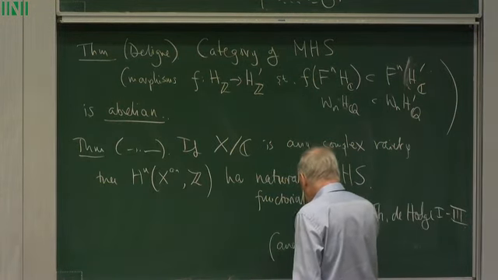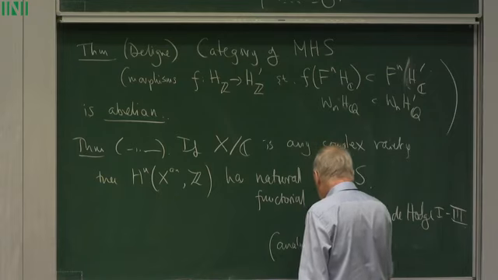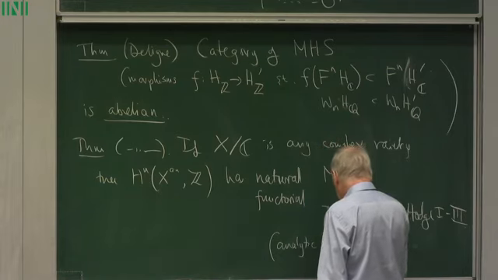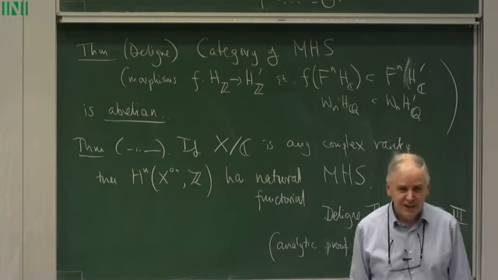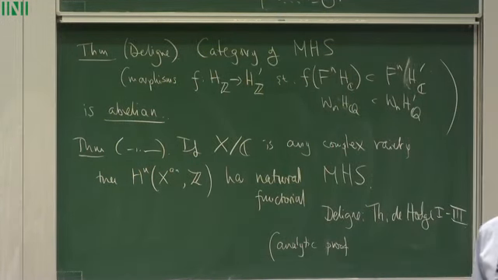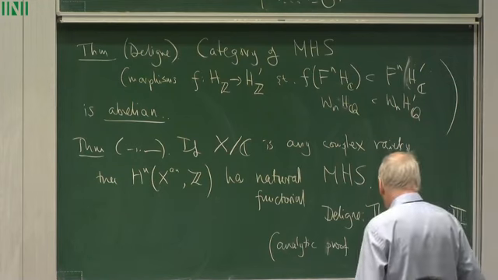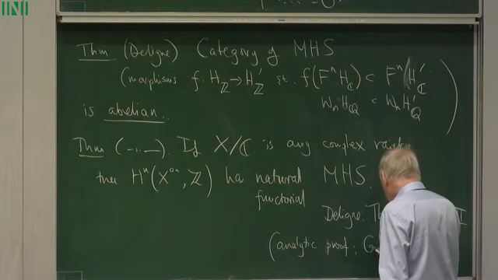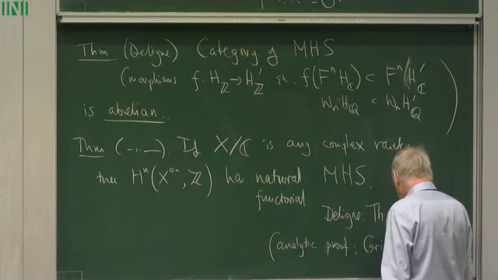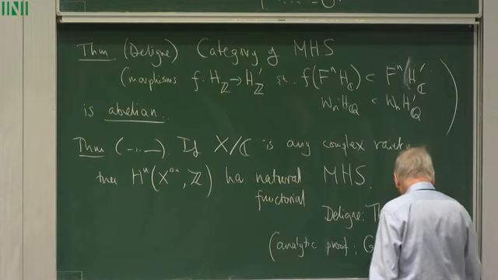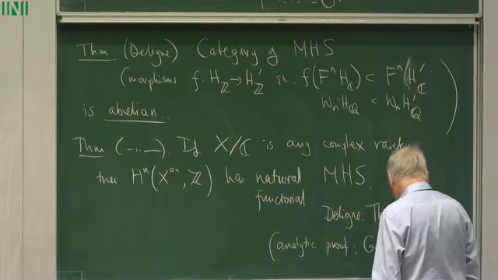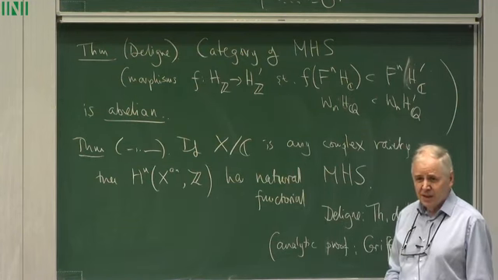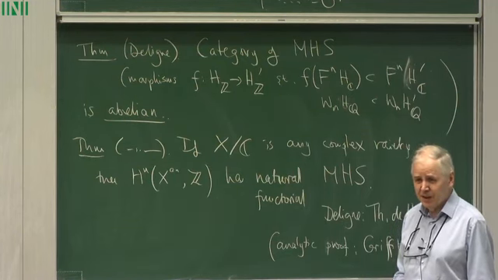There's also, at least in the smooth case, an analytic proof, meaning it uses more epsilon-style analysis and much less homological algebra. That can be found in a paper by Griffiths and Schmid, which appeared in some conference.